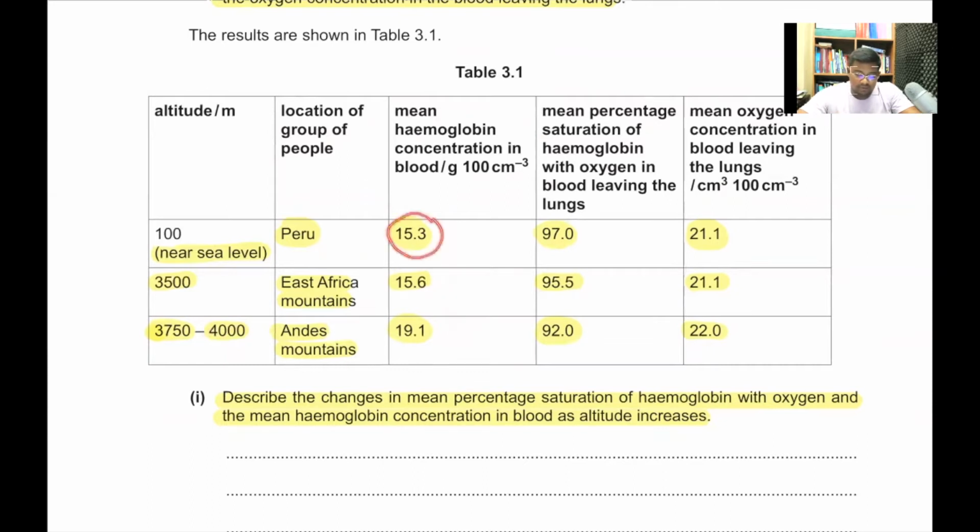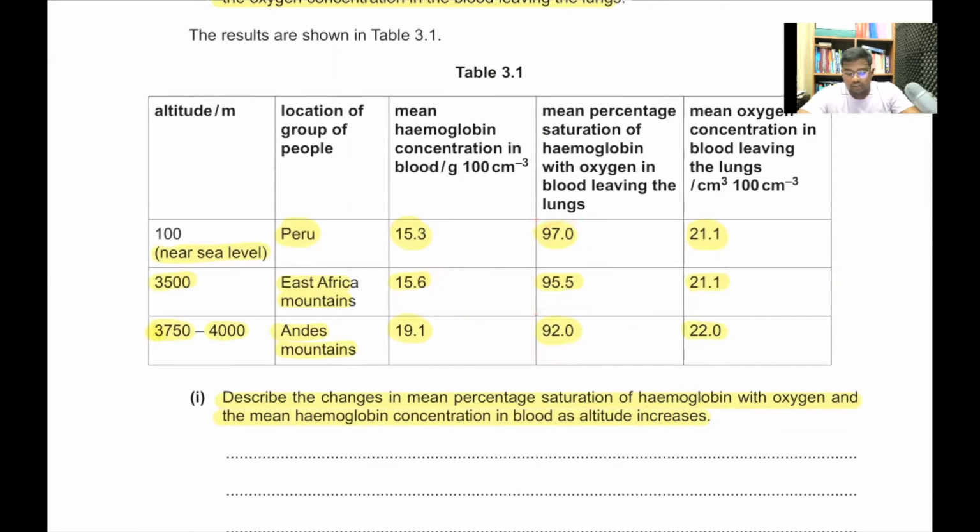It increases from 15.3 to 19.1 gram per 100 cm cube. And in terms of mean percentage saturation of hemoglobin with oxygen, we can see that as the altitude increases, it decreases. It goes from 97% to 92%.